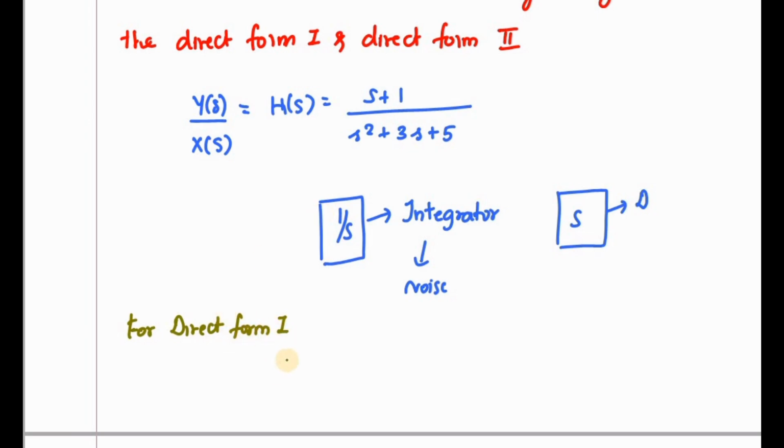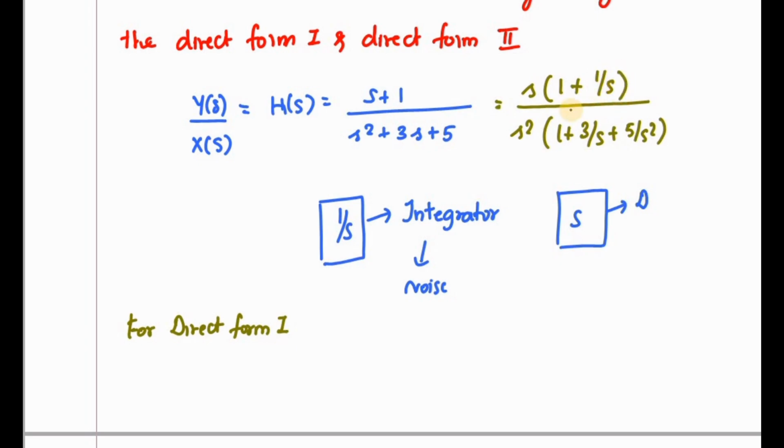I can write the numerator like this: if I take s square common, I can write 1 plus 3 by s plus 5 divided by s square. Again, if I take s common, I can write 1 plus 1 divided by s.